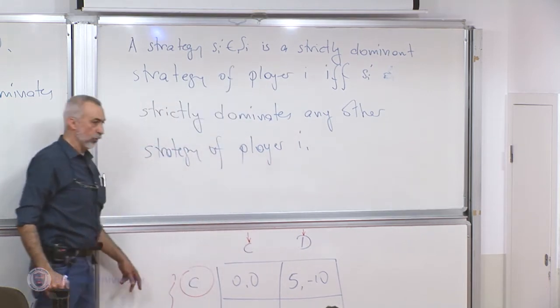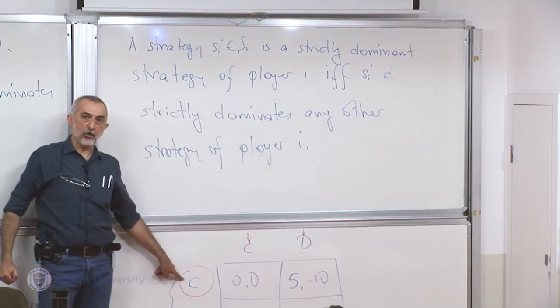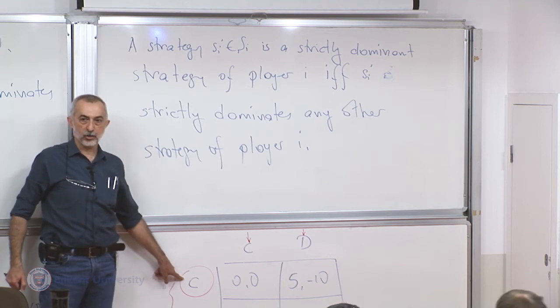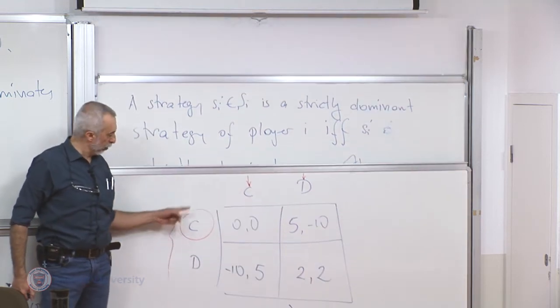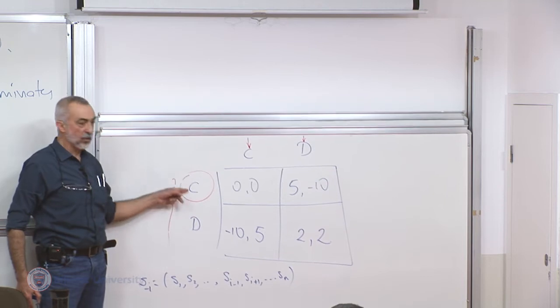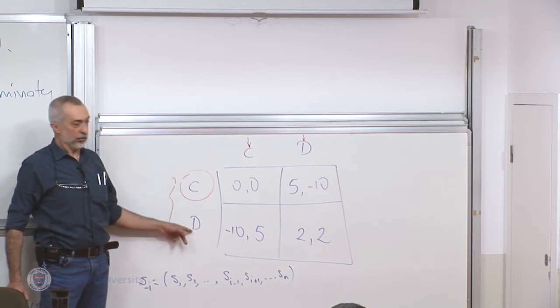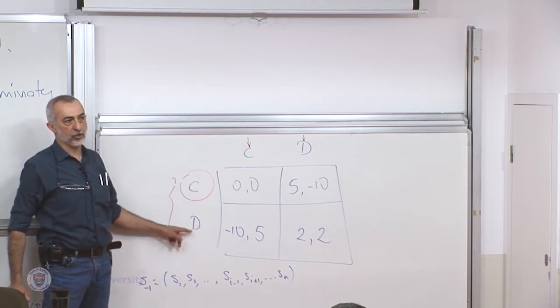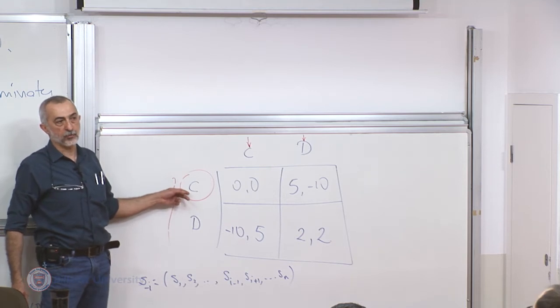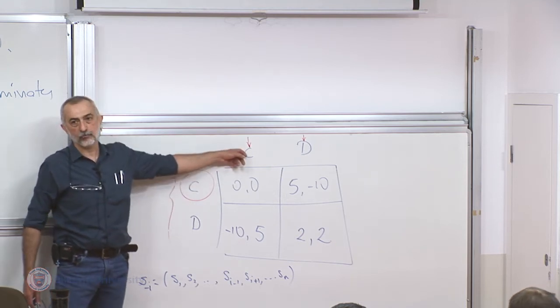Okay? So here, strategy C of player 1 is a strictly dominant strategy because, well, player 1 only has one other strategy, which is D, and C strictly dominates D. So C is a strictly dominant strategy of player 1. The same is true for player 2. Okay?